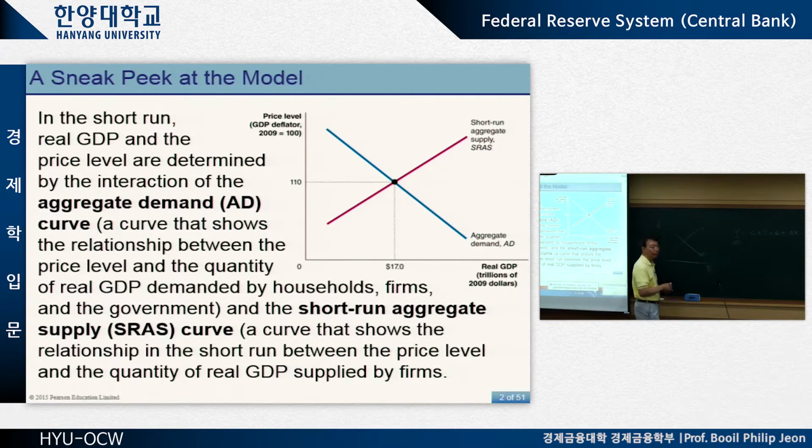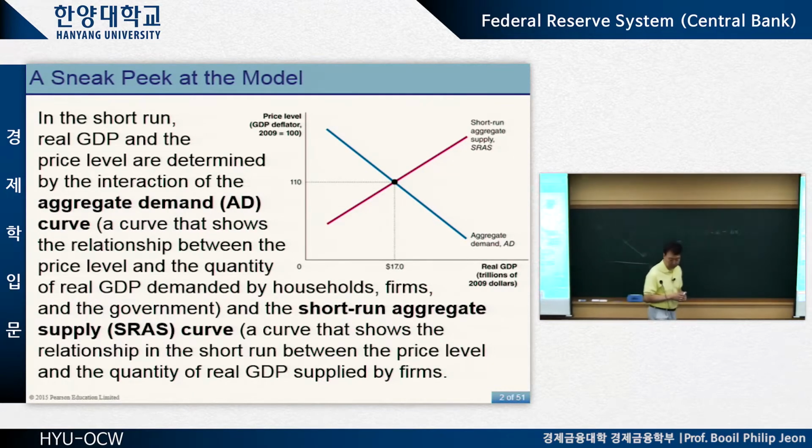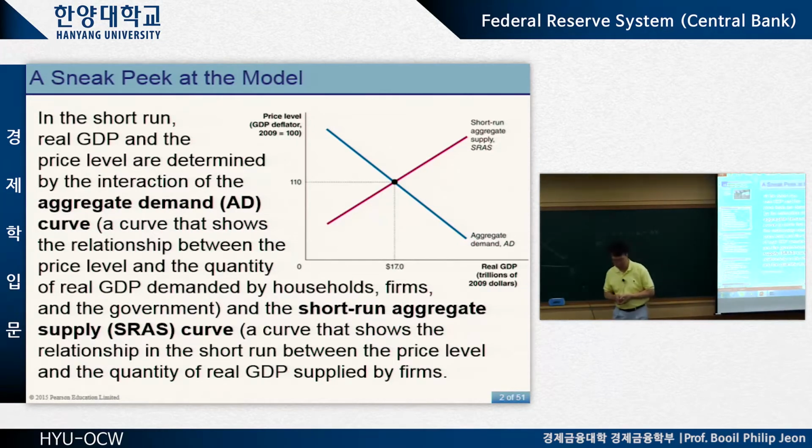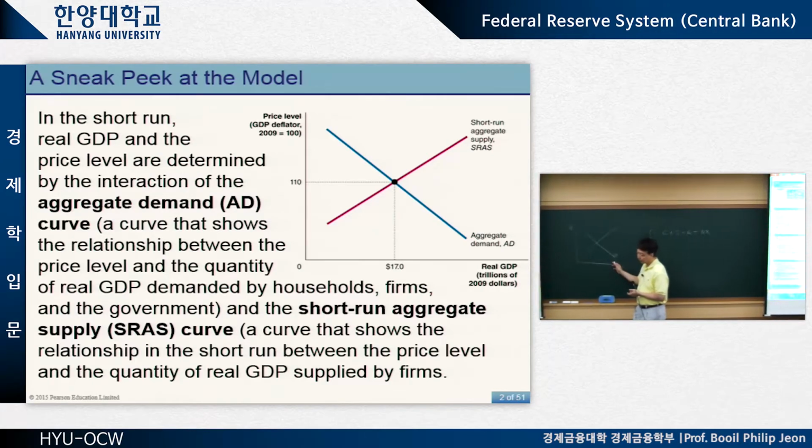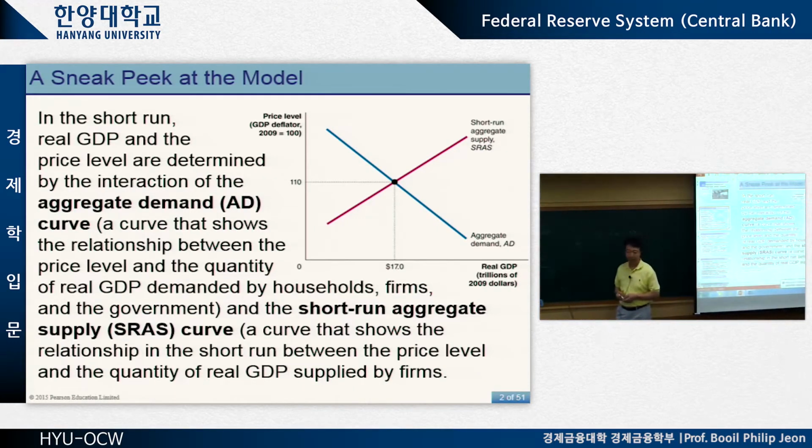Now, the next thing we have to understand is the slope, just like the demand and supply we talked about in microeconomics. The demand curve, AD, is downward sloping, and for aggregate supply, instead of simple aggregate supply, you notice that we use SRAS. That stands for short run aggregate supply. As far as aggregate demand is concerned, we just use AD.